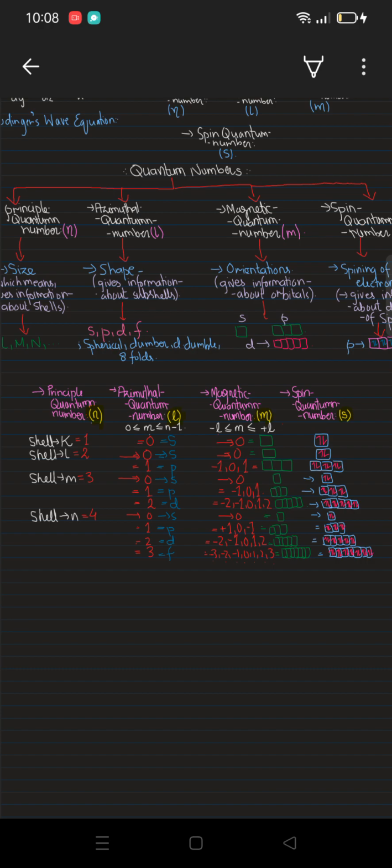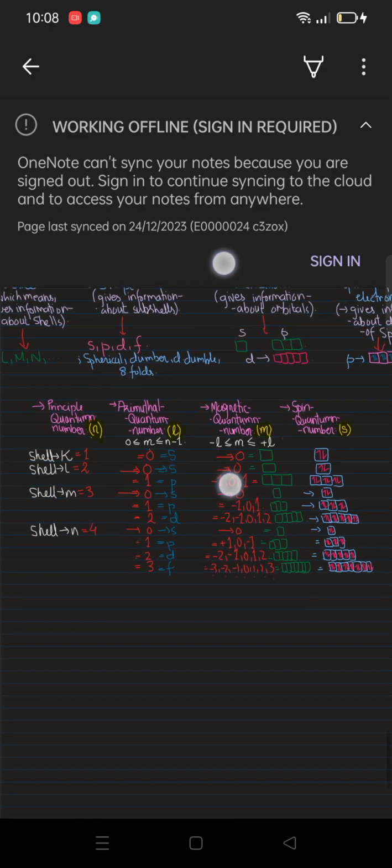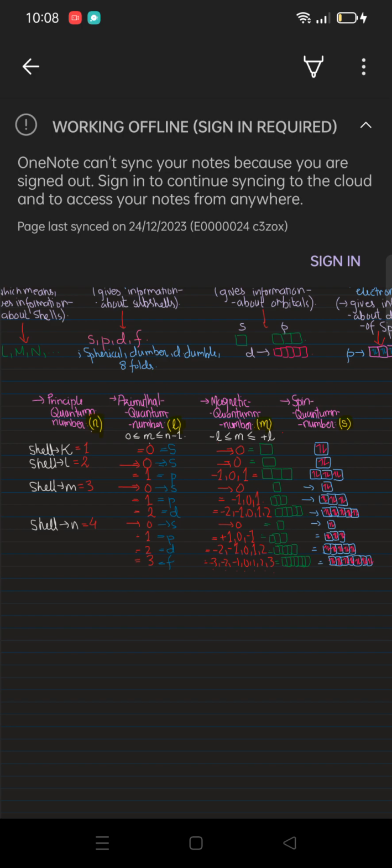In S there is one orientation, in P there are three orbitals, in D there are five orbitals, in F there are seven orbitals. Last but not least, the spin quantum number gives us information about the spinning of the electron, either clockwise or anti-clockwise.